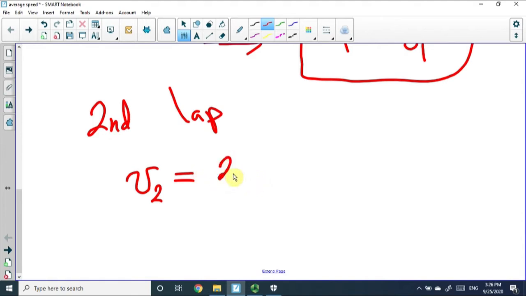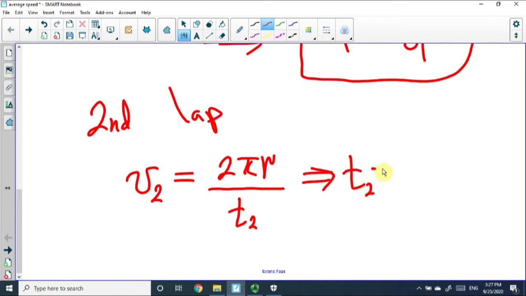So that should also be 2 pi r, which is the same distance, the circumference. However, time will be different now. It will be T2. So the second lap will take time T2. From that, we know that T2 will be 2 pi r divided by speed v2.